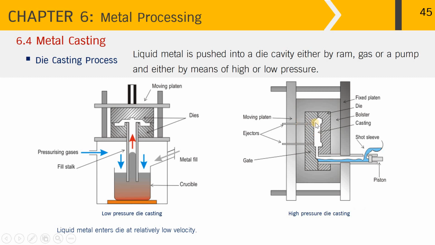Then the ejector pins will push out the casting for finishing and inspection. Therefore, for high-pressure die casting, the liquid metal enters the die at very high velocity. Therefore, normally no sand cores are used. And high-pressure die casting is normally applied for making thin-walled parts and small castings.